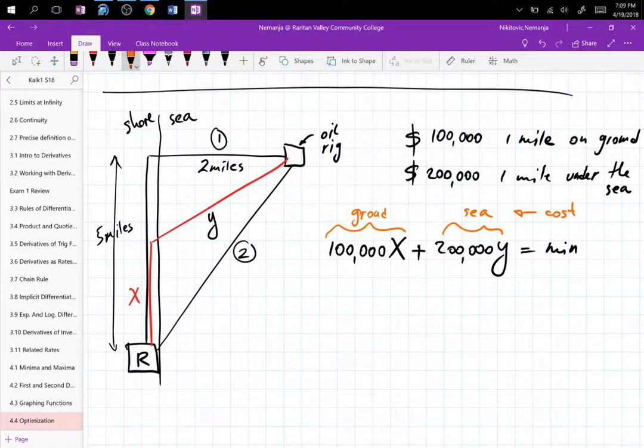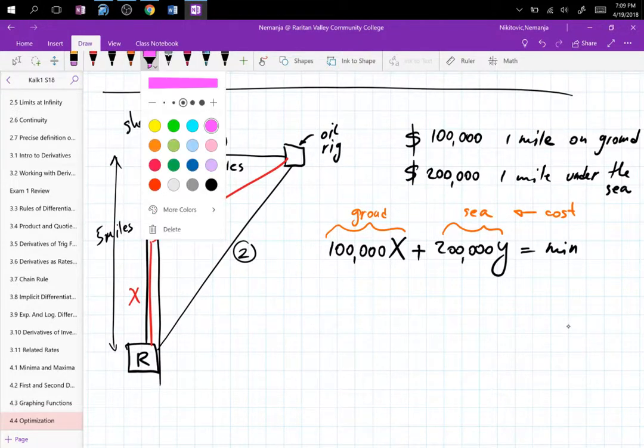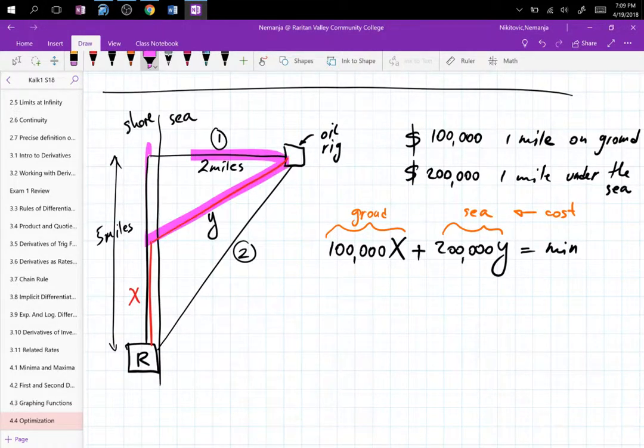And now we just have to figure out the constraint. And the constraint is clearly the geometry, which is this triangle over here. Right? You have a triangle here. And this triangle is a simple Pythagorean theorem, and you have all the dimensions of this triangle in terms of x and y. So that's your constraint. So what are the sides for this triangle?